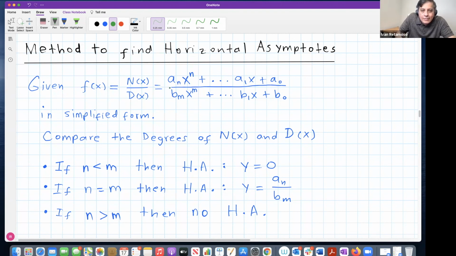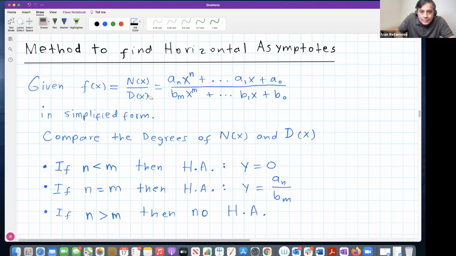In general, these two polynomial functions will look like this: a_n times x to the n, and then gradually the exponent goes down to 1, a_1 times x plus a_0. When you look at these, don't get freaked out. These are just general representations of a polynomial function of any degree, in this case degree n.